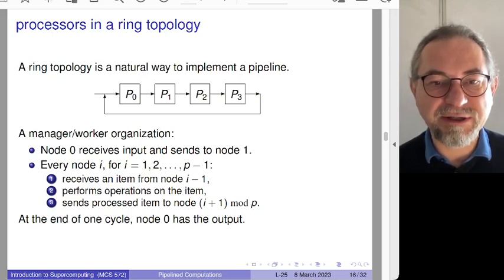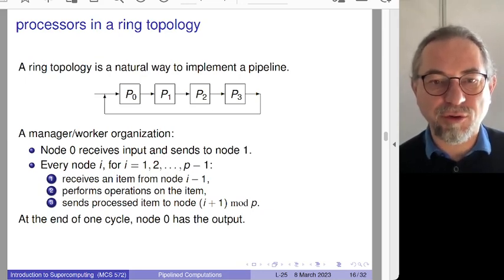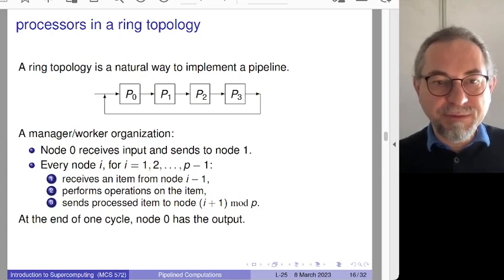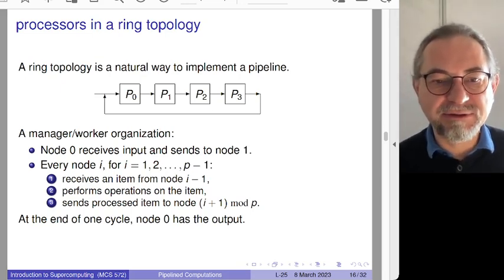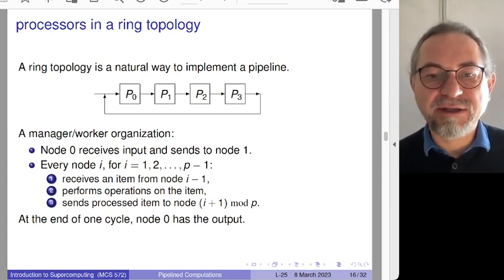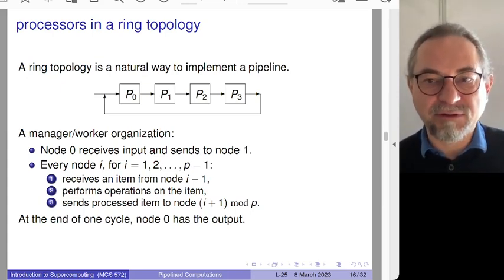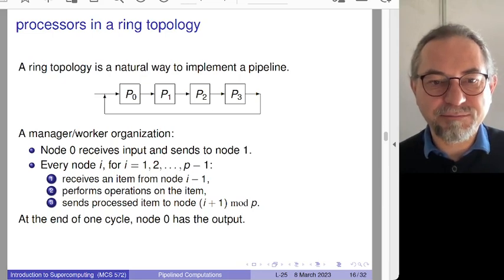So here in this high level organization, I said it's a manager-worker organization. The manager is still responsible for receiving the input, and the output is also handled by the manager.